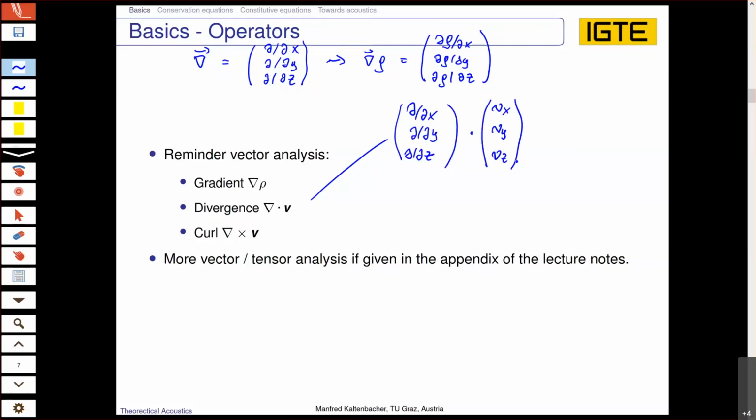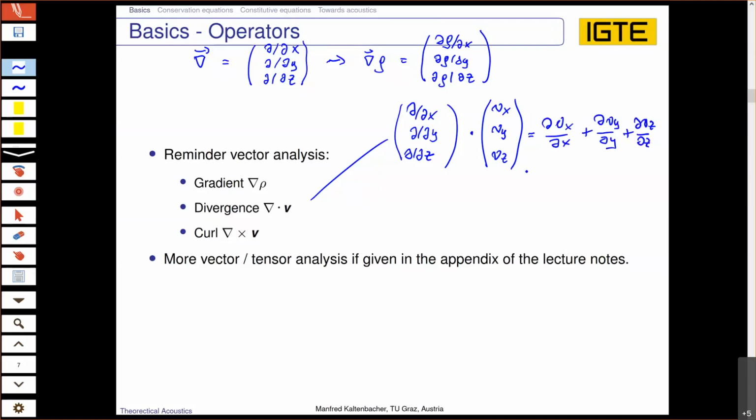And as we know, what we get out is just like a scalar product between two standard vectors, but one of the vectors, as we have here, is a differential operator. We call it the nabla operator. So what we get out is the x component with respect to x, plus the y component with respect to y, and the z component with respect to z.